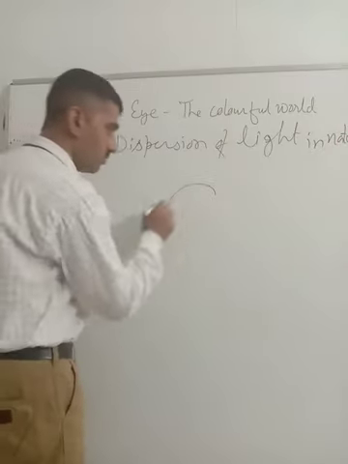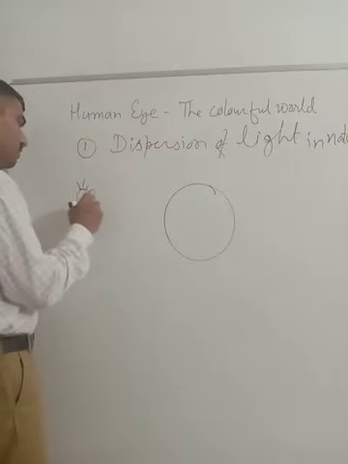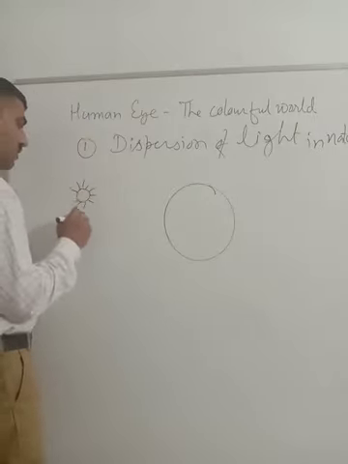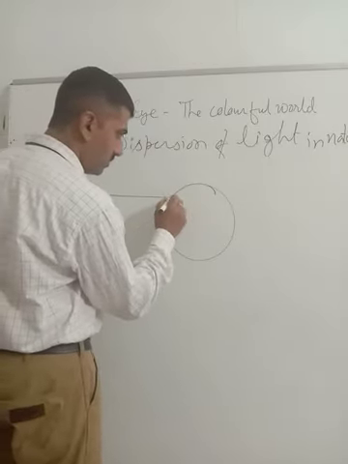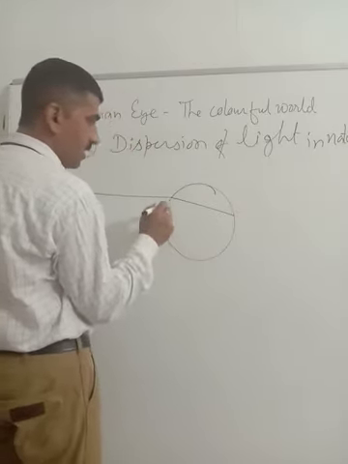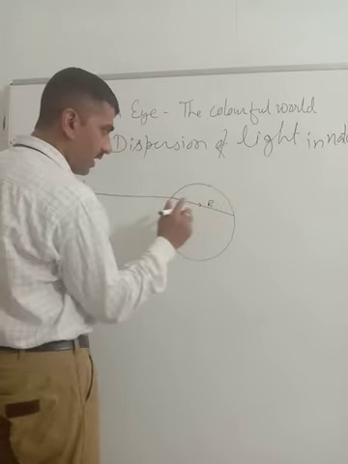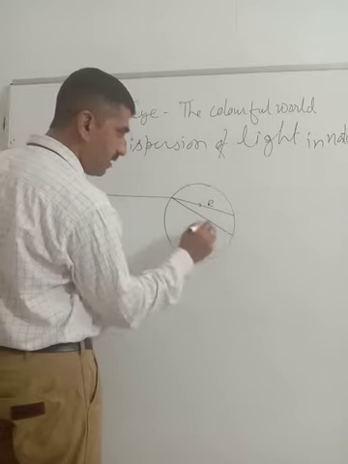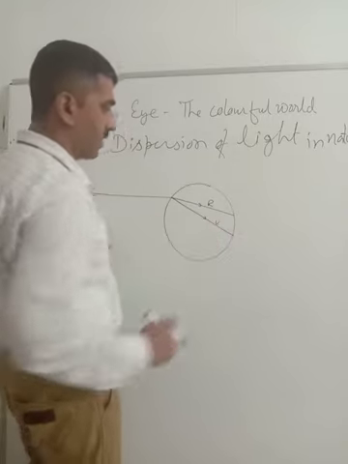Suppose this is your water drop and this is your sunlight, the sun over here, and a ray of light you are receiving from here, and from here you see the bending of light occurs. I told you that red color is bending least and violet color is bending most. This is your violet color, and all other colors are in between them.